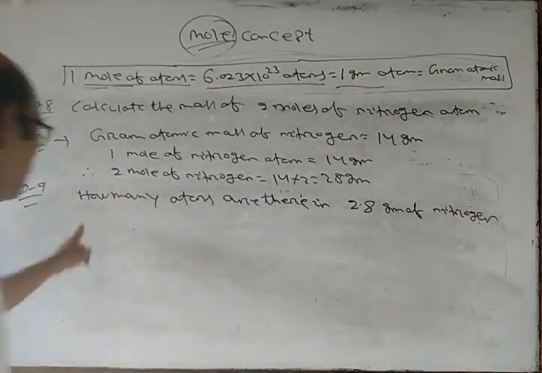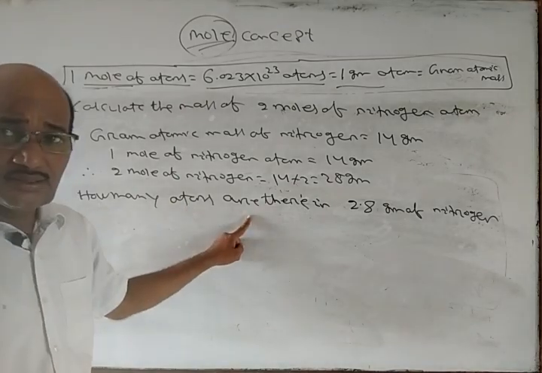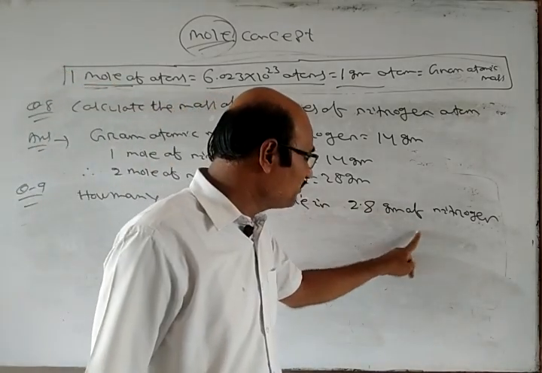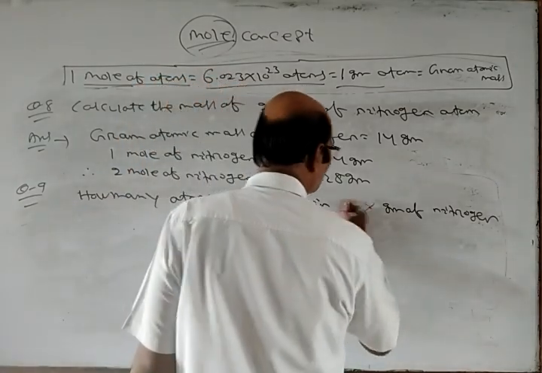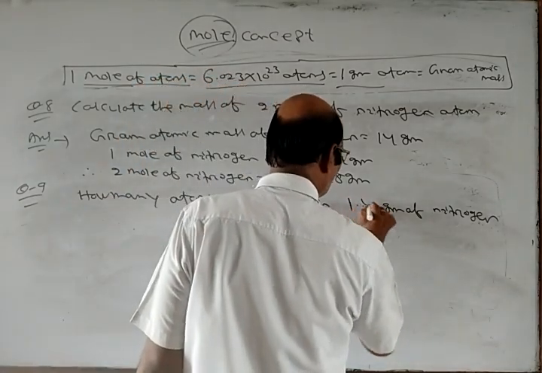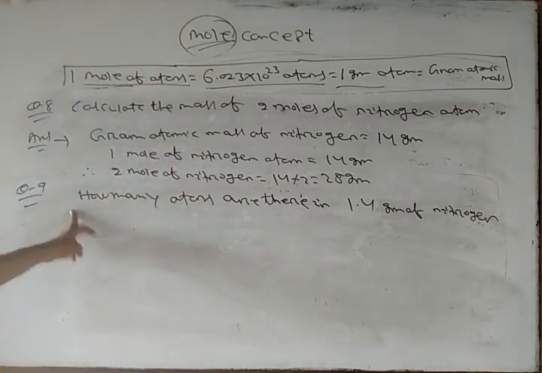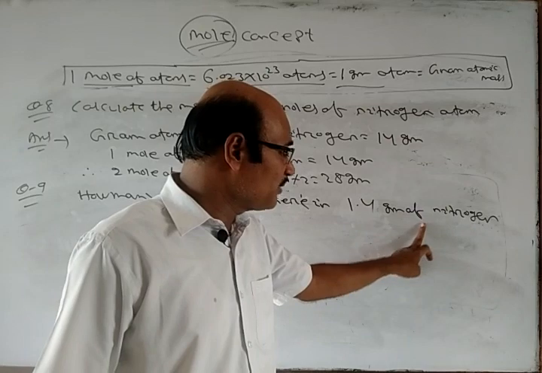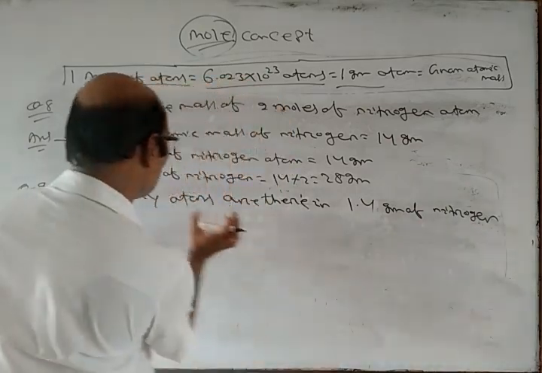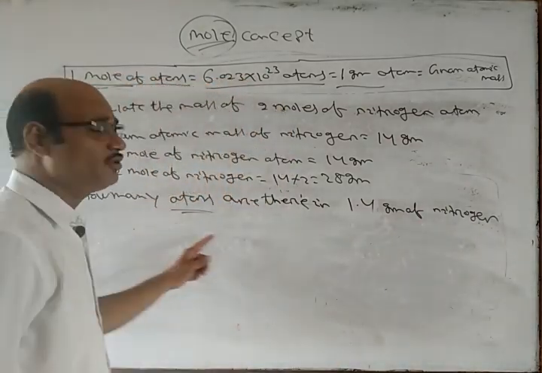See, how many atoms are there in 2.8 gram of nitrogen? Or you can try say 1.4, it will be easier. So how many atoms are there in 1.4 gram of nitrogen? Because your atom is asked here, so I will take what, your atomic mass.